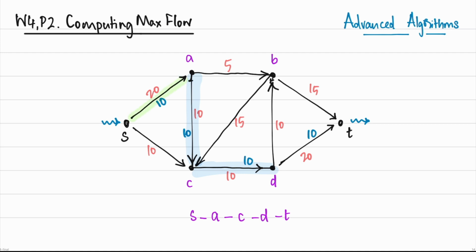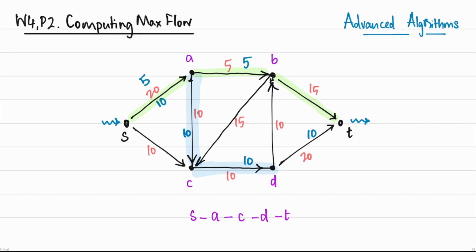But look, here is, for instance, another ST path where the bottleneck edge has a capacity of 5. So I could try to push a flow of 5 along this entire path here. So we have 5 more on the edge SA, that would be a total flow of 15.